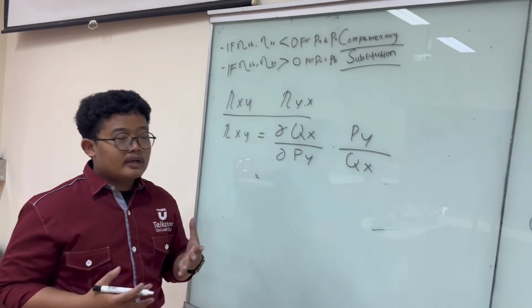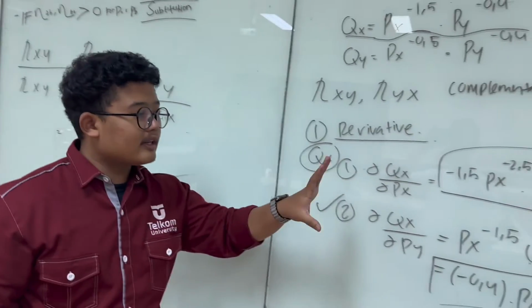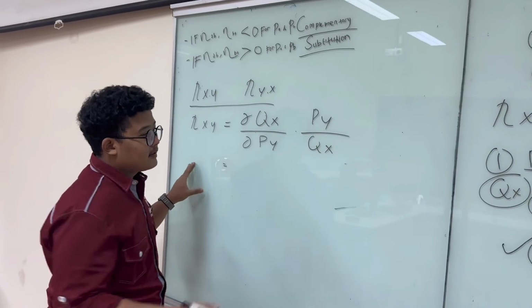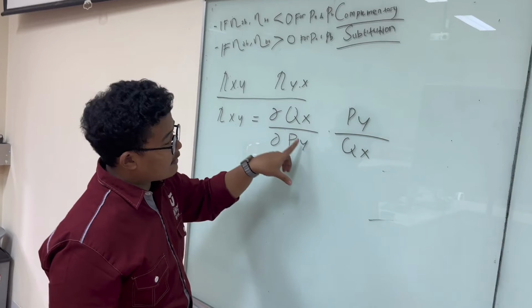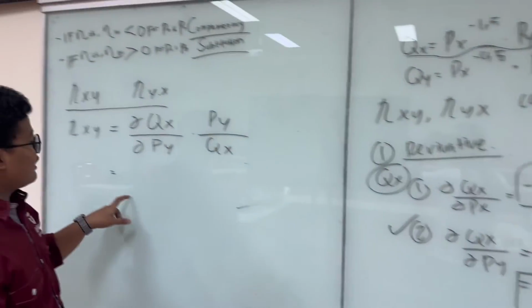So what we are going to do is substitute what we already got into the formula. We already got the derivative of quantity x with price y right here, so we put it back here.